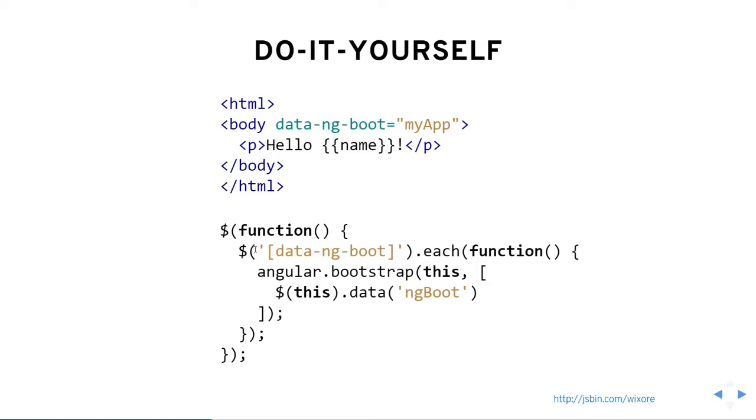Then inside of this function, for each of the elements on the page with data-ng-boot, we're going to bootstrap Angular, and in the module array we read what's there and put it into the module dependency.